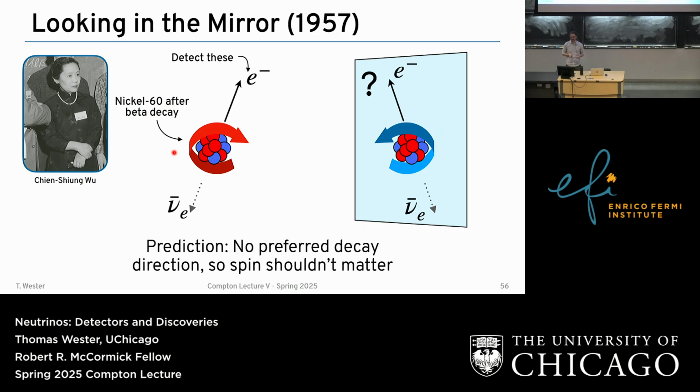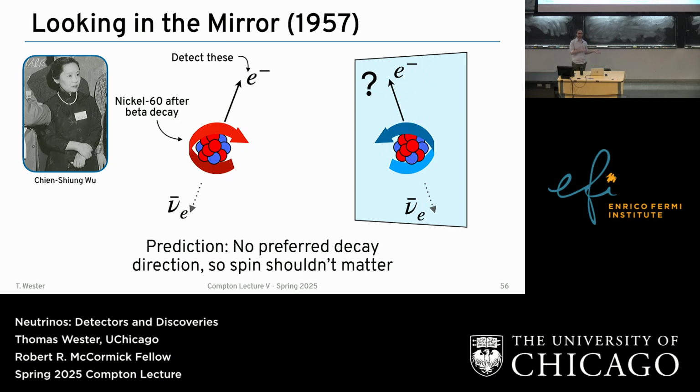So in other words, every time this cobalt-60 atom decays, the electron and the neutrino that come out of the decay should go in any direction, because it needs to look the same whether or not you're in a mirror. All you're really doing is changing the direction of spin, but there should be no preferred direction of the decay products in this interaction.